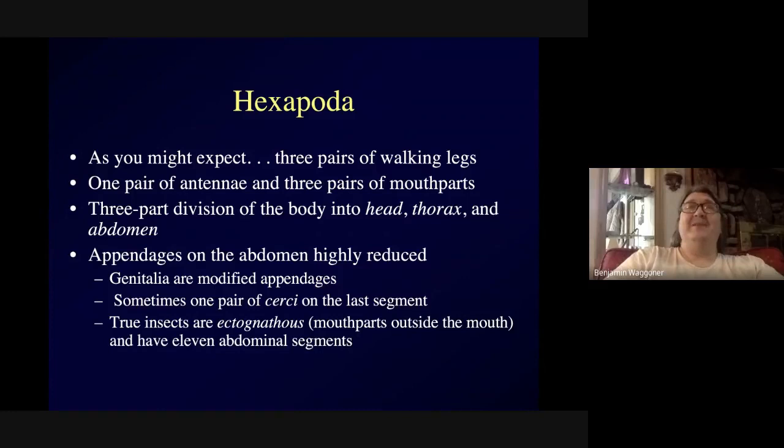And except in some of the earliest fossils that we have, there's no actual legs on the abdomen, except for the genitalia, which are usually kind of tucked inside, so they're not actually visible from the outside until the moment that the insect is using them for the established purpose. One of my favorite utterly useless facts is that to identify insect species, you often have to use genitalia shape. It's distinctive for different species.